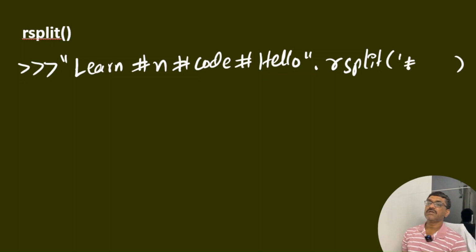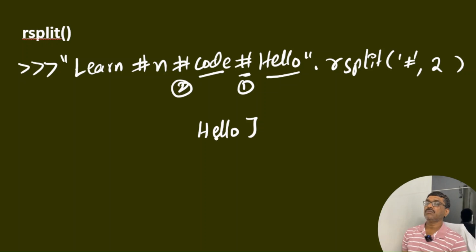Okay, here we are using the separator in single quotes. After that, the same count I'm using. In this case, what happened? First, it moves from the end. Here, hash, first match, next code. This is the second match. So the first item in the list, from the right, we are going to get hello. This is the first item, and next code is the second item.